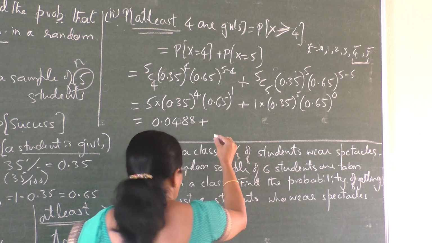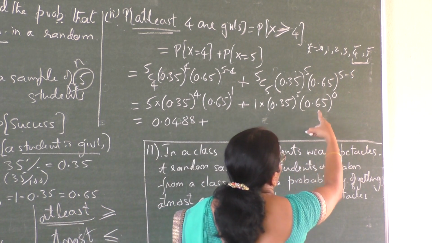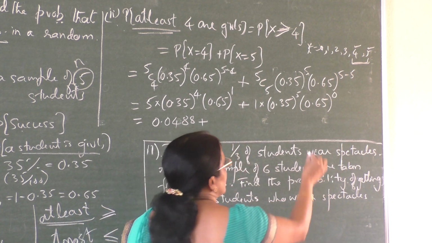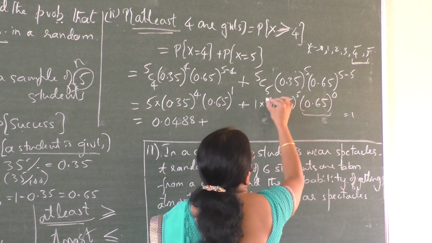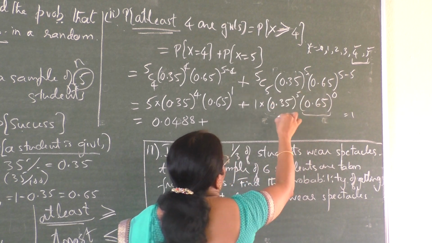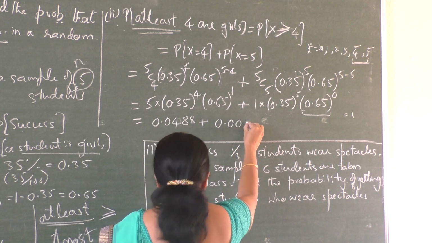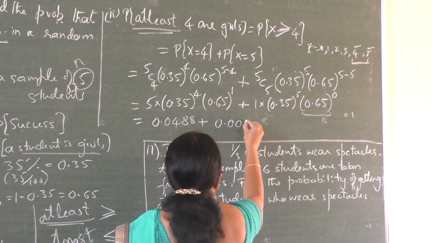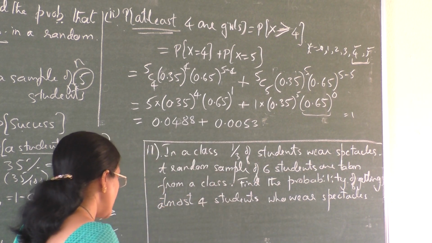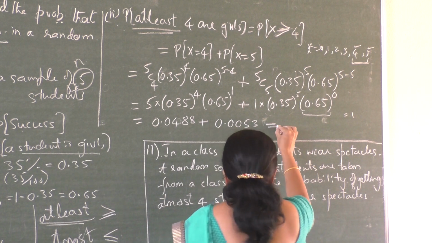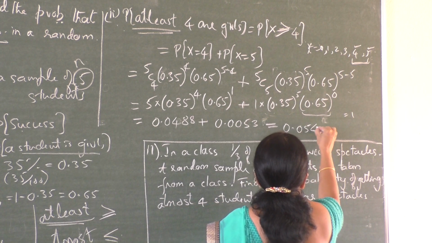Plus 1 into 0.35 power 5 into 0.65 power 0, which becomes 1, so you have to get the value of 0.35 power 5, that answer is 0.0053. Now by adding you will get 0.0541.